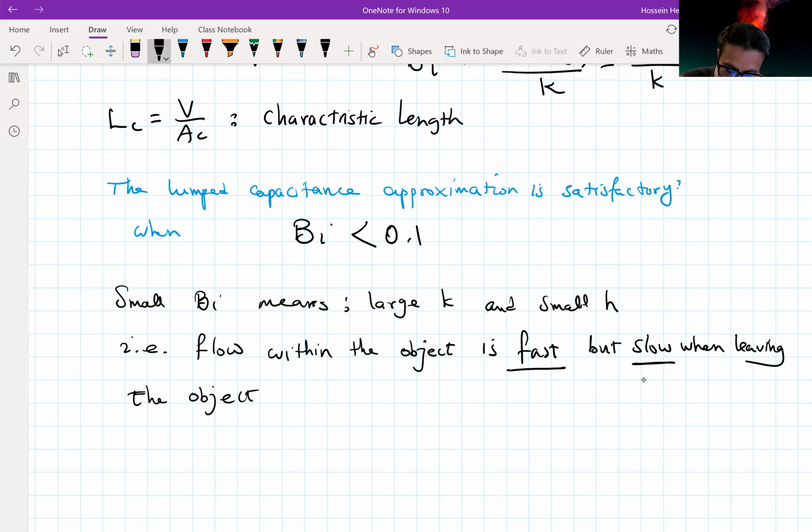So inside the object it is very fast, but when leaving the object by fluid or anything, it is very small.